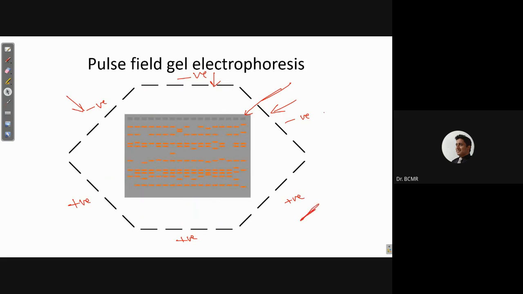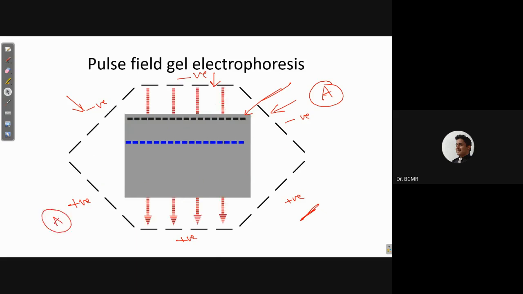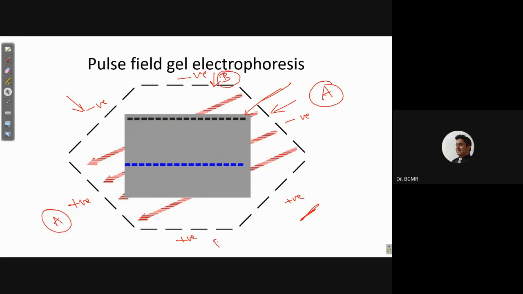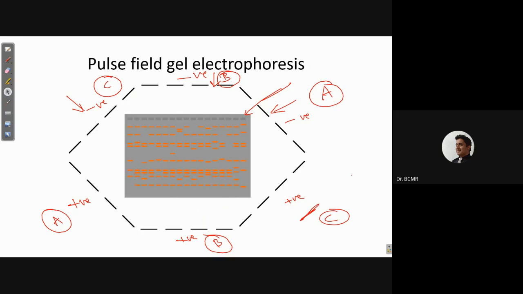So the electrophoresis unit is connected to a computer, which will keep changing the current to different sets of electrodes. We'll call this A, and this one A, this we will call B, a pair of electrodes there, and C and C. So the computer will keep alternating.